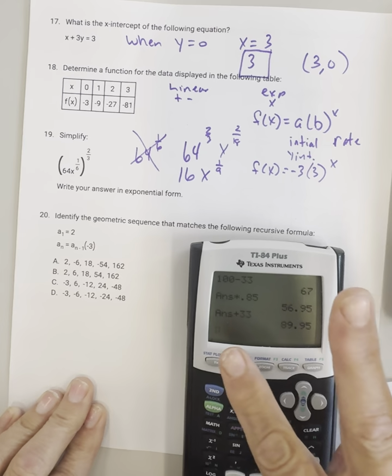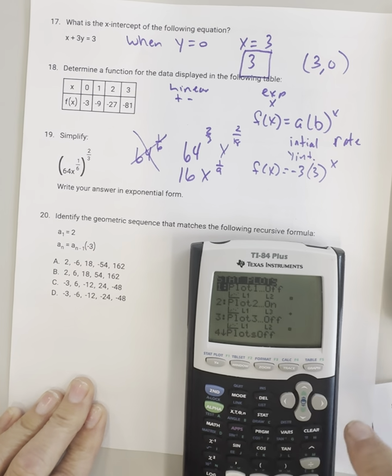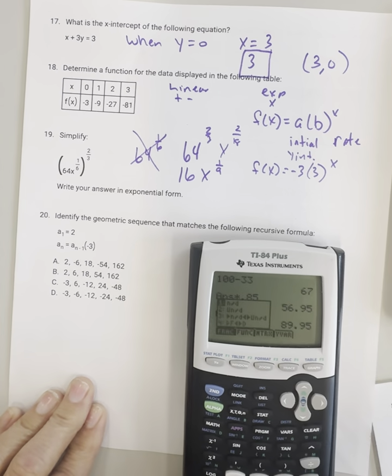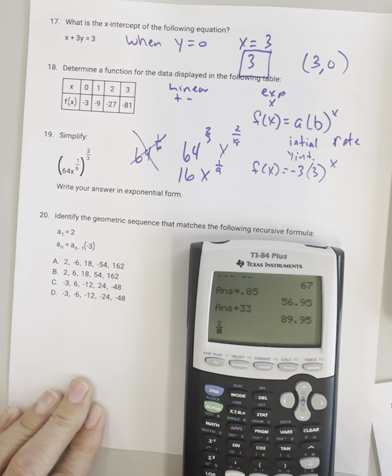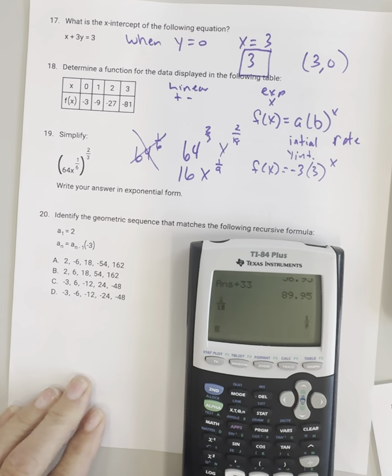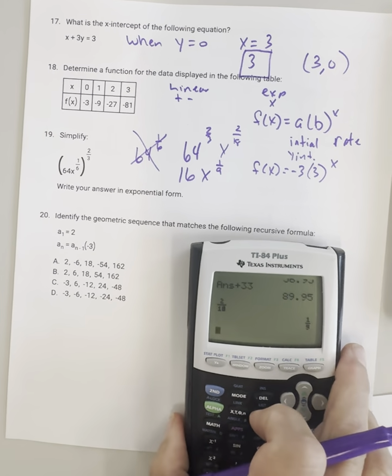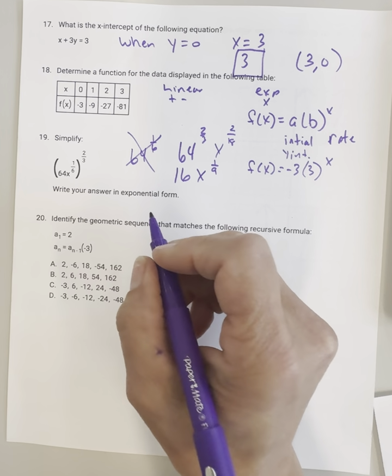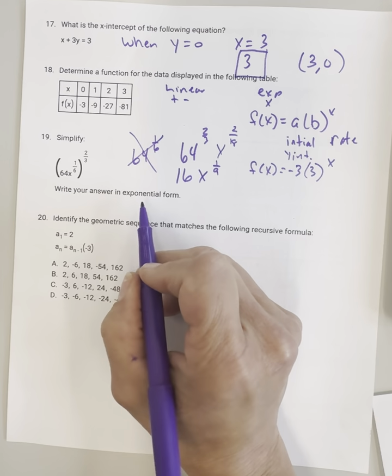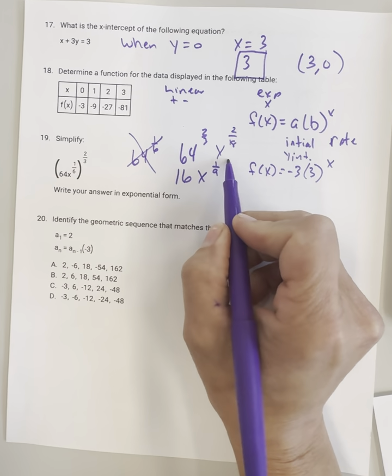You do second y equals, alpha y equals, and you get your fraction, and 2 over 18, enter, and it will reduce it for you. The newer calculators, you use alpha x. And write your answer in exponential form. So it still is 16, so that's your answer.